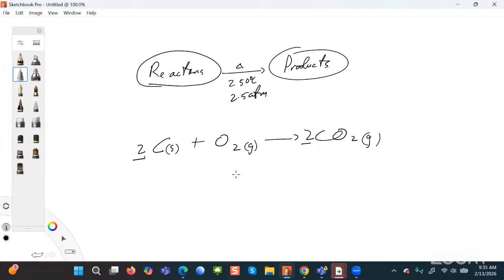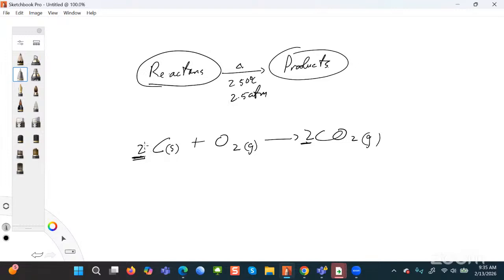In chapter 8, for example, you might be given a certain amount of reactant, and you're asked to determine the amount of products you expect to get, right? So these numbers will become important when it comes to doing those kind of questions.